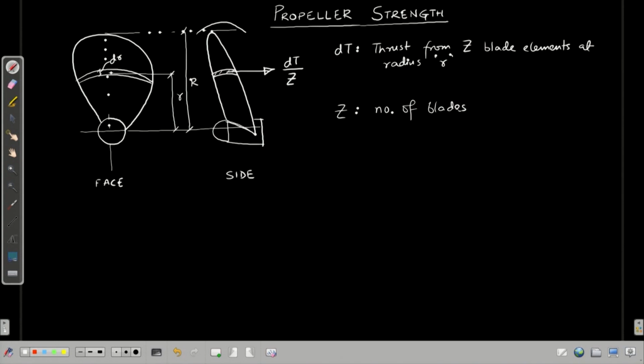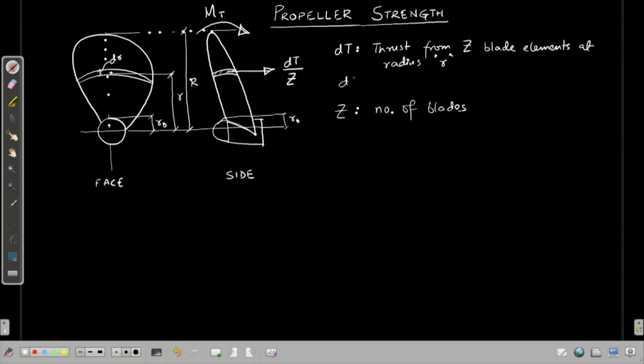Due to that thrust force, we call it M_T at r0, which is the root section here.